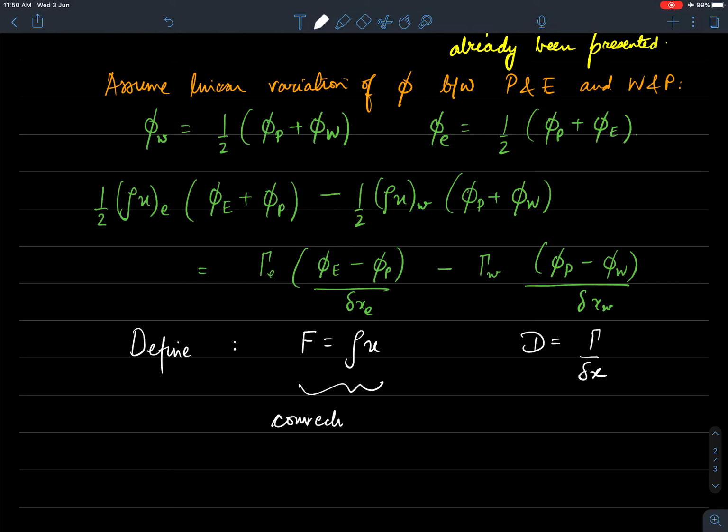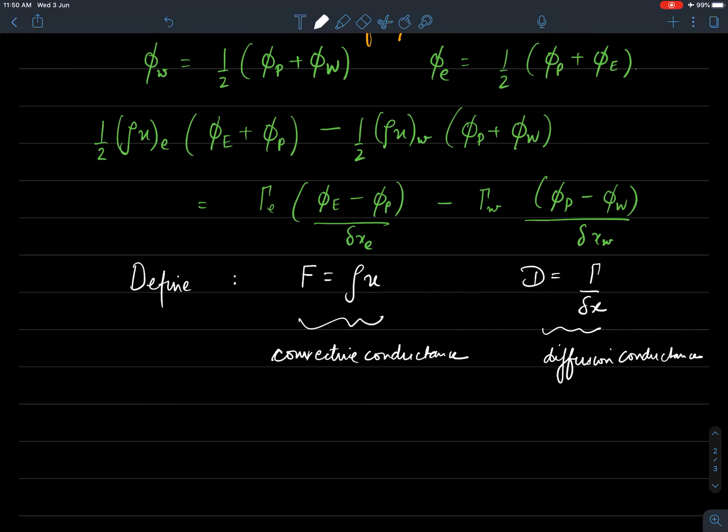So F is essentially a convective conductance, and D is a diffusion conductance. Conductance is essentially the opposite, or the inverse, of resistance.